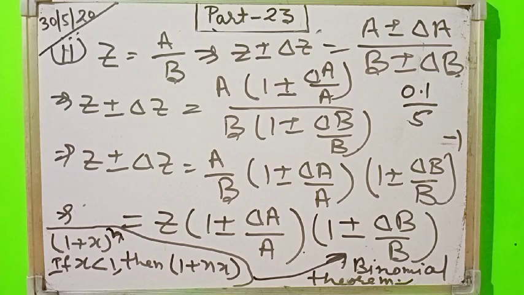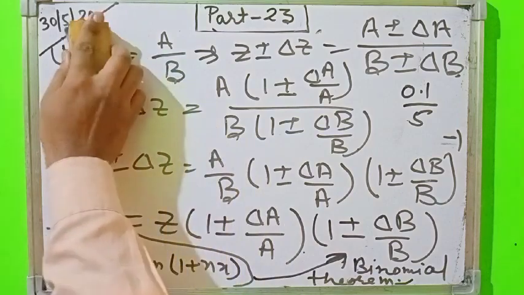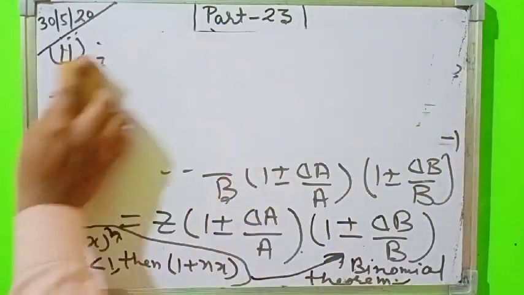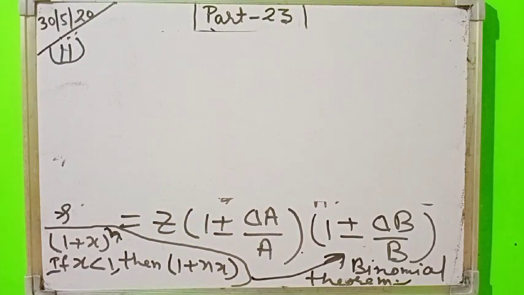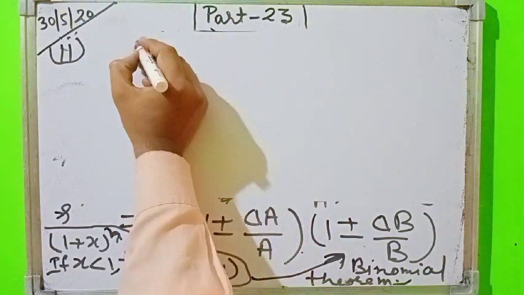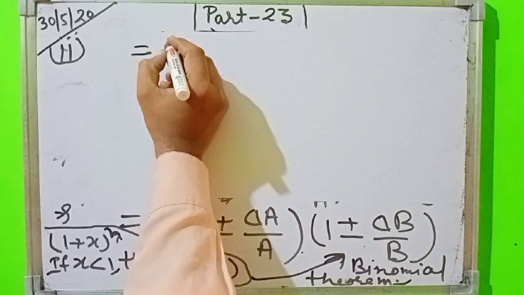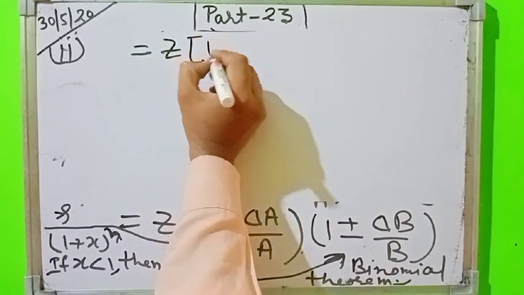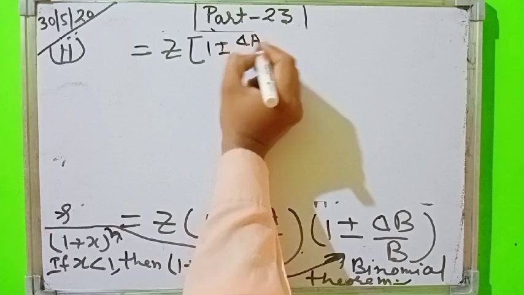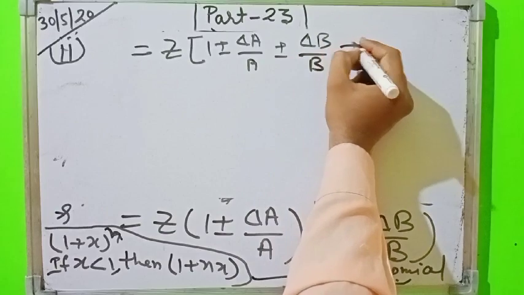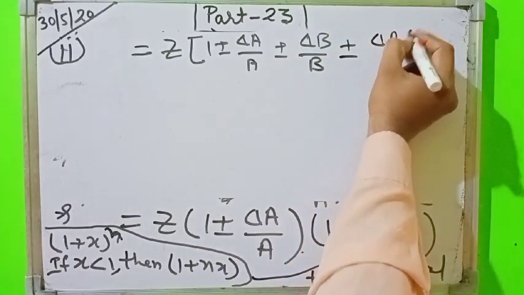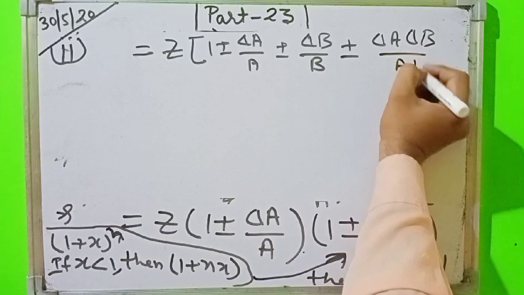Now simply multiplying over here, what we are doing, we are simply multiplying, and what we will get is Z into 1 plus minus delta A upon A plus minus delta B upon B plus minus delta A into delta B upon AB.